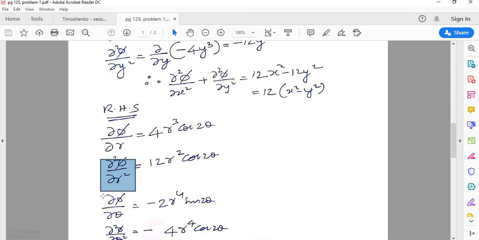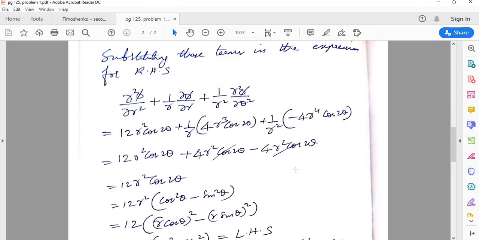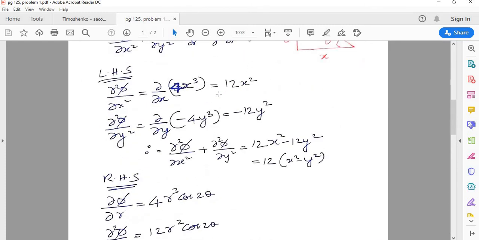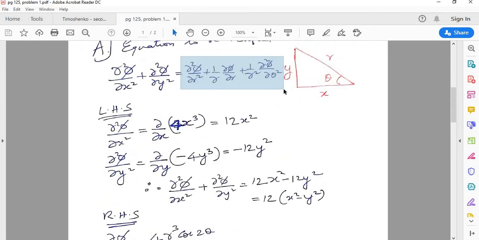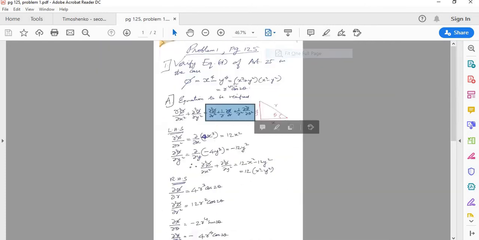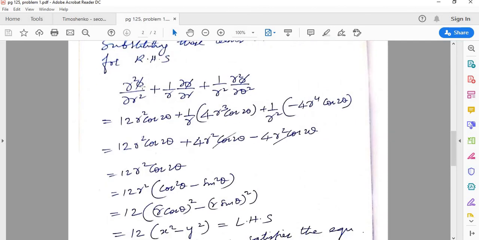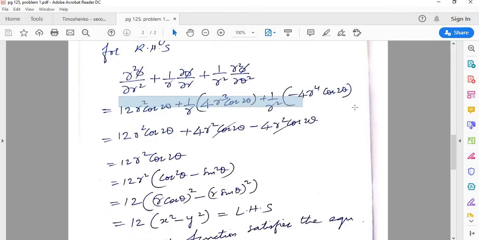Similarly, derivative with respect to theta and theta square. After evaluating those, you substitute into the right hand side. You will get three terms, and the second and third will cancel out, and you will be left with 12 r square cos 2 theta.